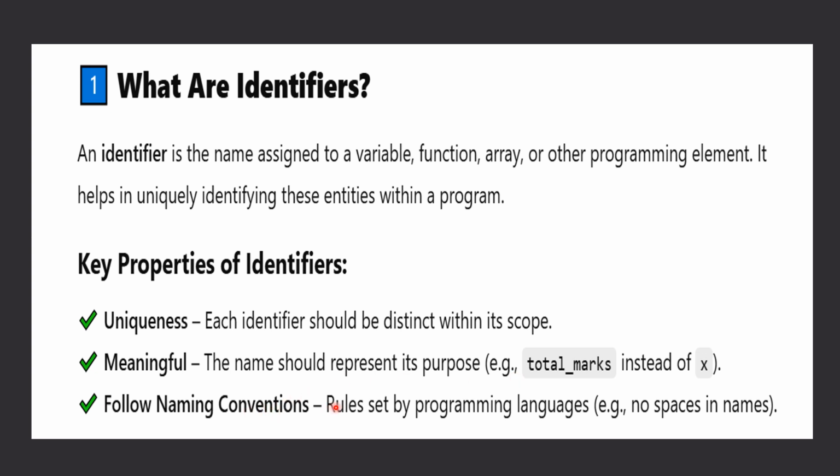Then, following naming conventions, rules set by programming languages, no specific name, and so on. So basically, you'll be asked 2 to 3 questions regarding identifiers in CS paper 2. These will be a maximum of 2 marks, and they'll ask you to give a suitable identifier name to a variable that is storing this info.